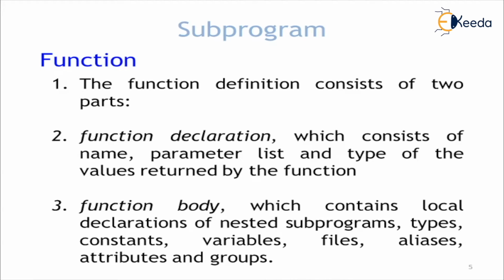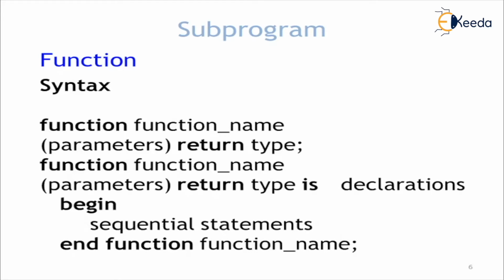It contains the sequential statements, constants, variables, files, etc. As well, functions can be used as nested subprograms. Like the if statement, which we have not seen exactly yet, is also called a nested if. Everyone knows the if statement: we declare a conditional statement, and then else if, then else if, then else if. So this is called a nested if. Similarly, functions can be used as nested subprograms.